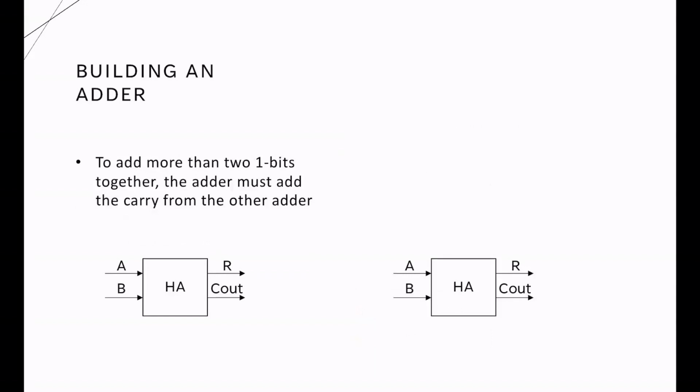If you want to add more than 1 bit together, just like when you add numbers, you're not going to have just 1 digit, right? So you have to have a carry from the previous bit as well. Just like when you add 9 and 11, you add 9 and 1, you get 0 and a carry of 1.